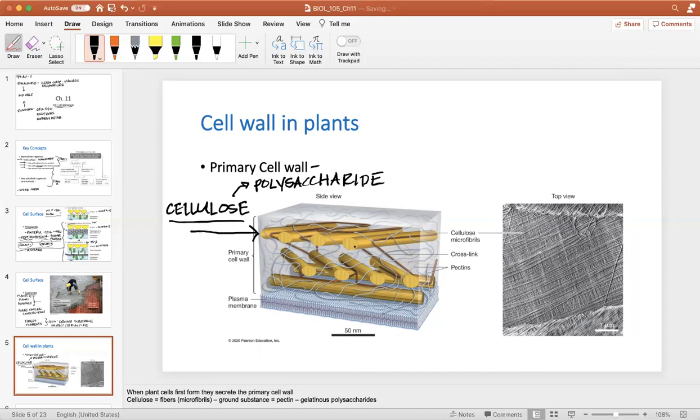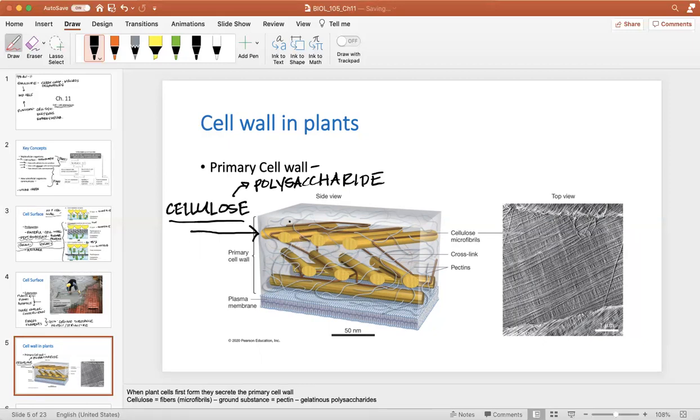As a matter of fact, if you've ever heard the term soluble fiber, when you're eating foods, this is the fiber. It passes through your digestive tract. And the reason it's so healthy for you is it kind of acts like a sponge to absorb water and expand and help keep things moving through your digestive tract in a regular way.